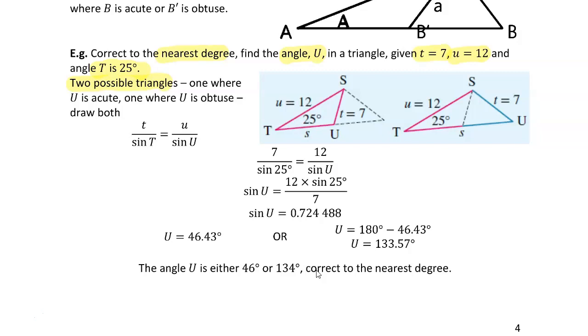So what I did there is times everything by sine U, then divided by that fraction. Give me sine U equals that. So U equals 46.43 degrees, or U equals 135.57 degrees. So correct to the nearest degree, it's either 46 or 134 degrees.